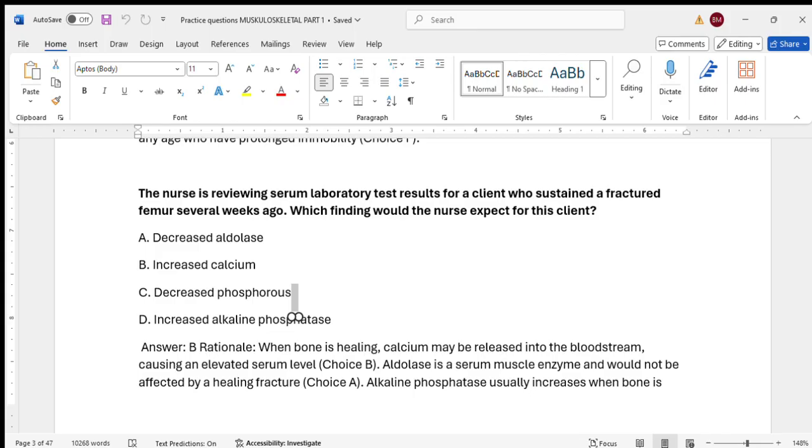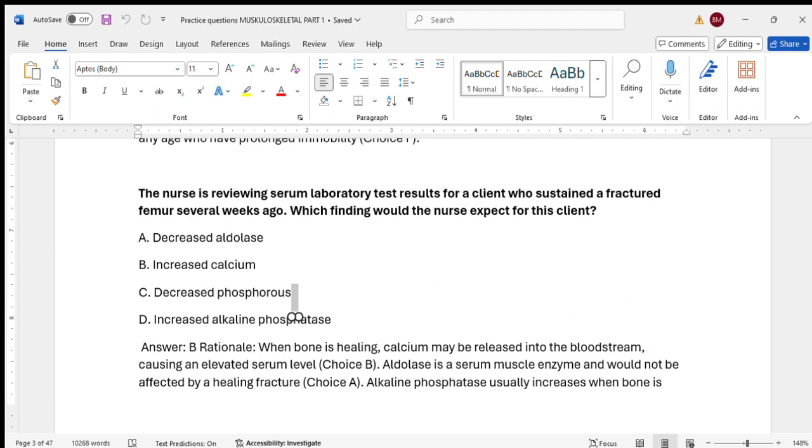Aldolase is a serum muscle enzyme. Now, you need to identify, and it's also in any textbook, that you have enzymes that are only specific to muscles, and another one specific to bones. So you need to make the difference. Calcium is specific to bones, right?